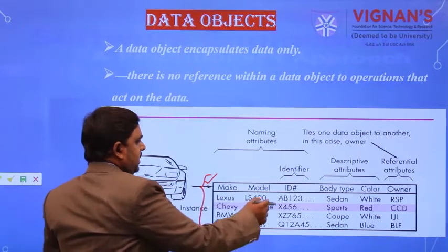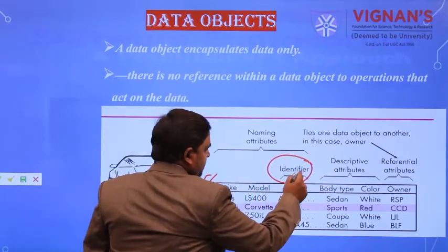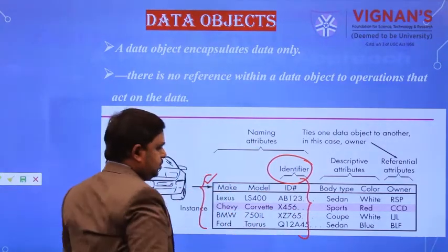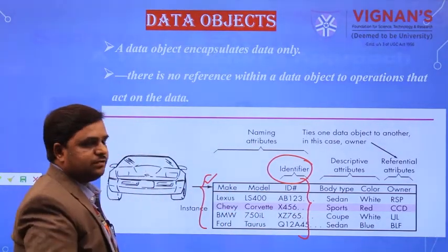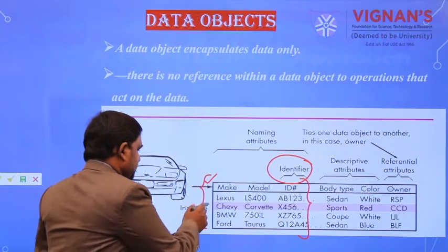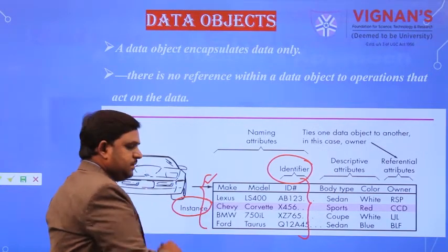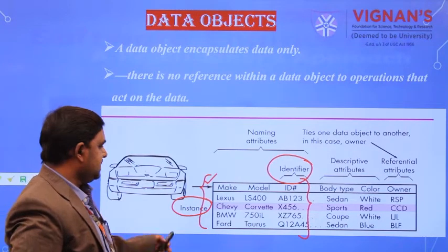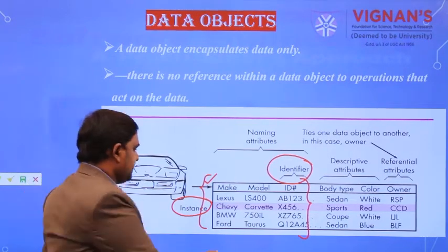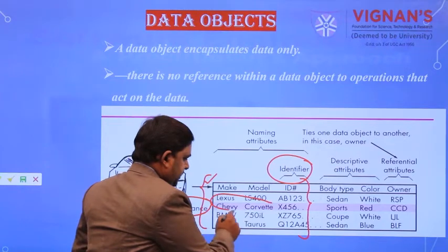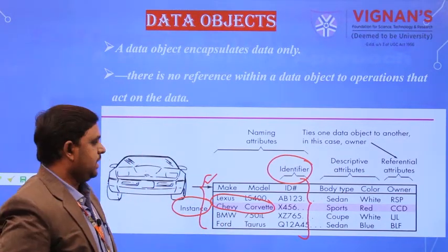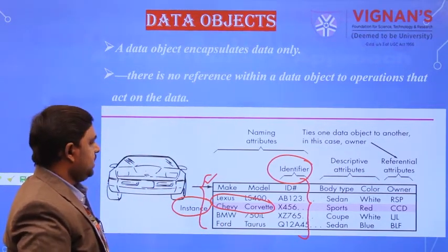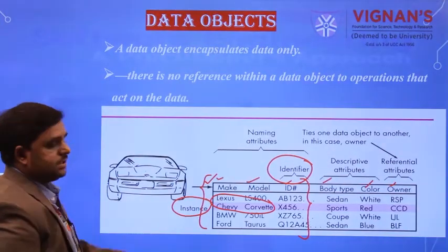Here we have an identifier, which is a unique one, used for identifying an instance of the object. For example, Chevy Corvette is an instance of the object. So this is a data object.